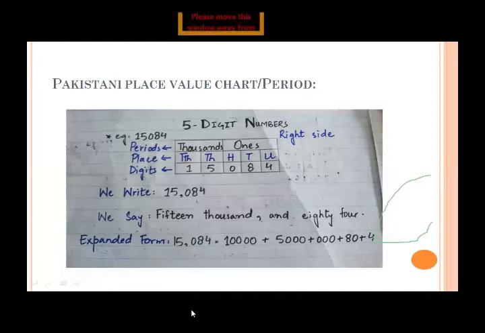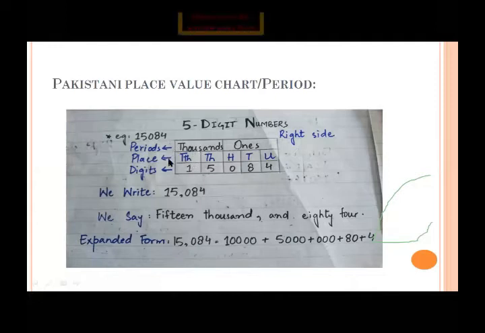And in the Pakistani place value chart, you know that we have to group digits in 3 to 2. Starting from the right side, we group digits: the first group is of 3, then of 2, and then further of 2. Here 10,000 also comes in the group of 1000.